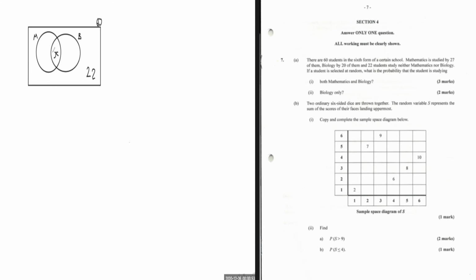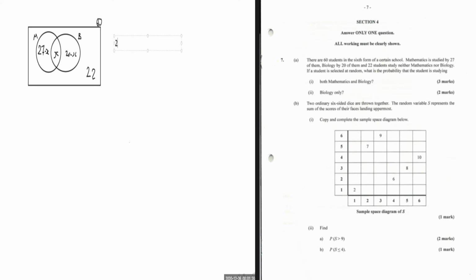Now, for those that do maths only will be 27 minus X, all right? And then biology only will be 20 minus X. So this is what we have. So let's find out what is X to know what's the intersection.